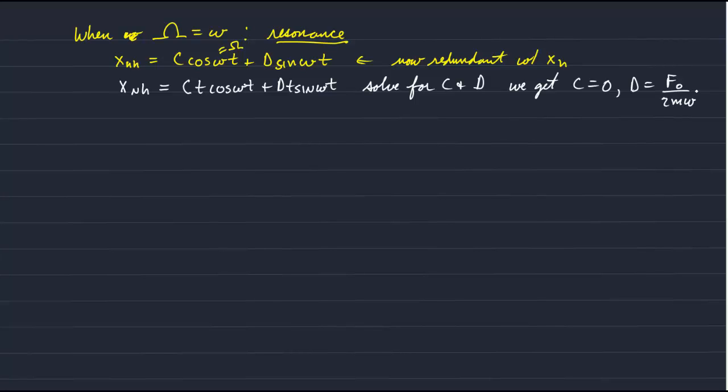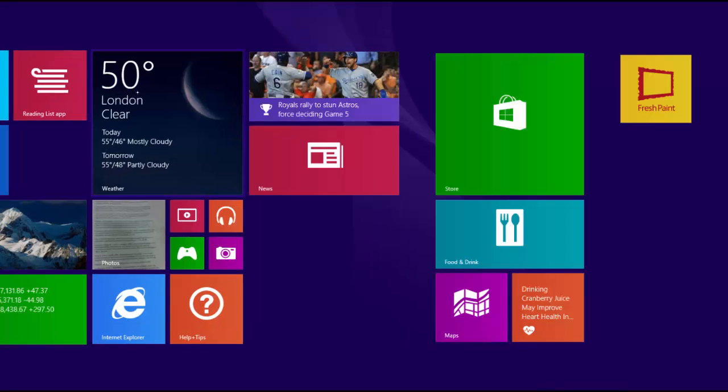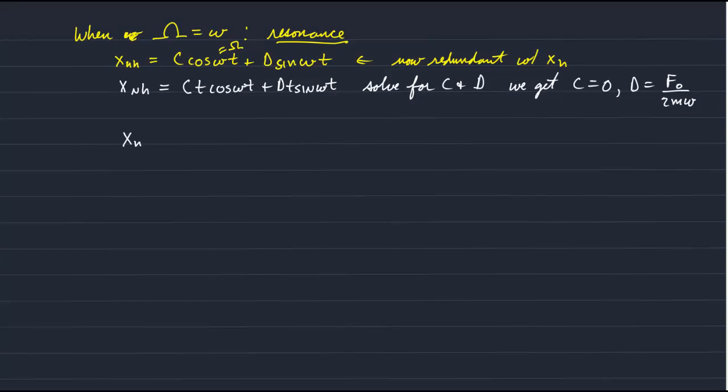And the solution for our non-homogeneous part becomes F naught over 2 omega m times t sine omega t.